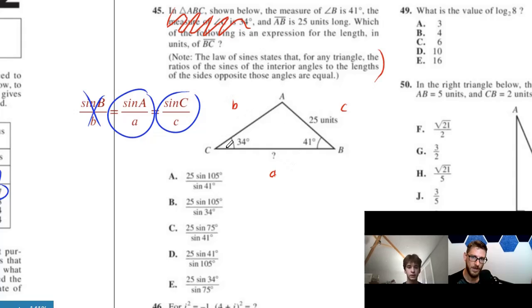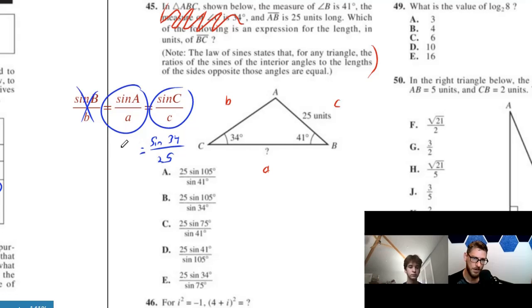That's basically the sine of 34 over 25 equals the sine of a over x, if I call this x.